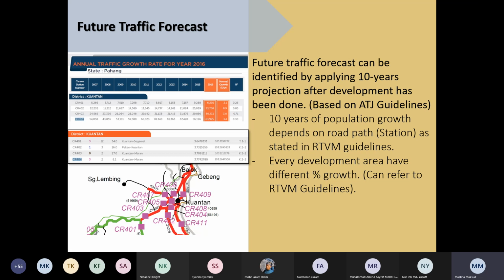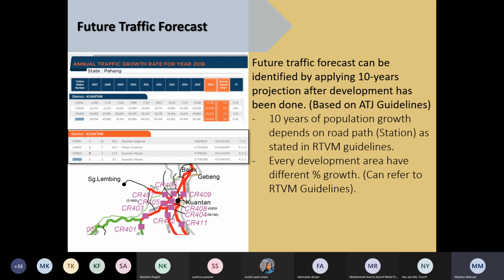For example, we are in 2021, maybe we can use the RTBM guidelines from last year, which would not really give much difference. But especially during this pandemic, you cannot use, for example, RTBM 2019 or 2018, as it will give different population growth statistics. So you cannot use the previous RTBM. You need to use the updated one.